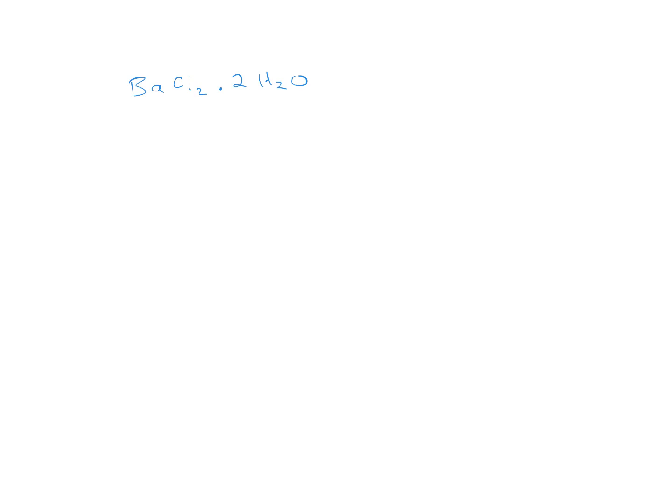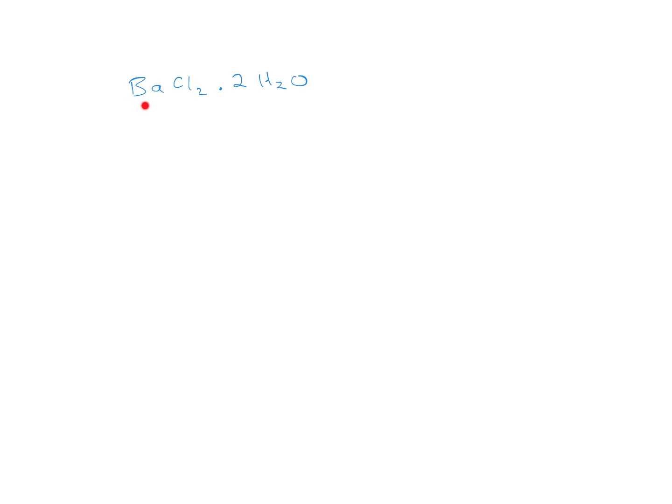Here's another example of a hydrated salt. So why don't you pause the video, have a go at calculating the percentage of water of crystallization, and then press play to check the answer. So we do the same thing as we did before.